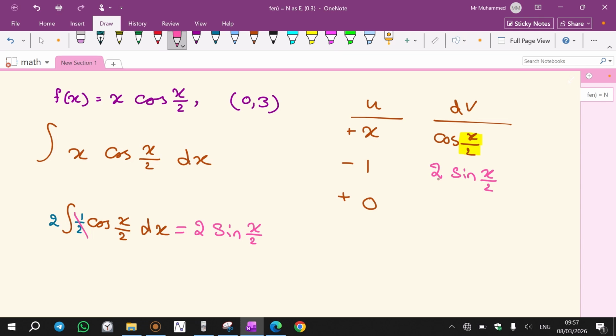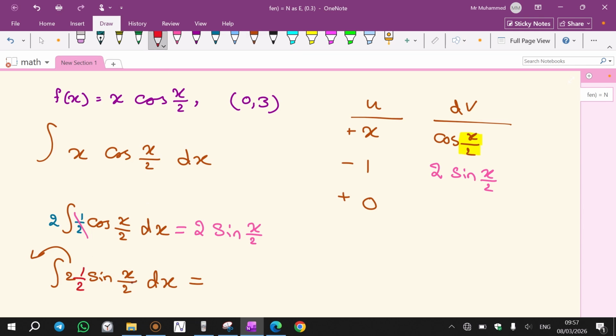So dv, if we do the integral, we will get 2 sine x over 2. If we want to do the integral of 2 sine x over 2, again, it is ideal if we write it as an integral 2 sine x over 2 dx. Again, I send the 2 outside because it's not the derivative of inside, and I need to write 1 over 2 here.